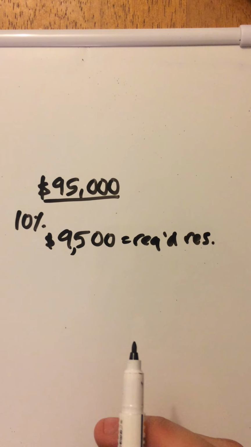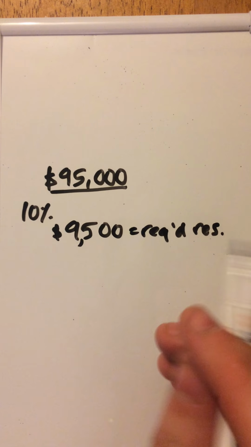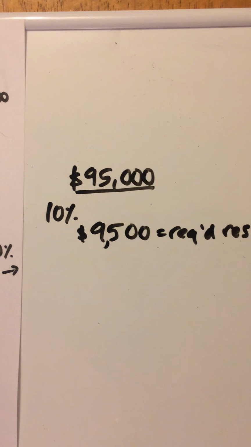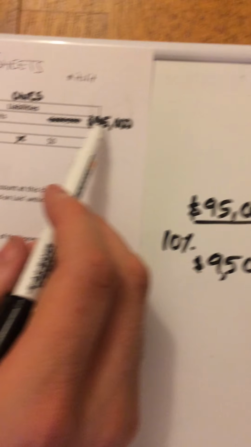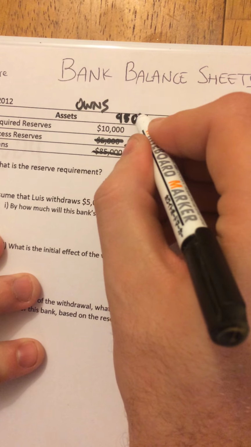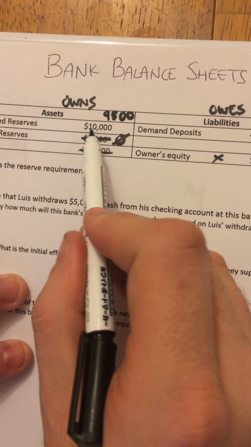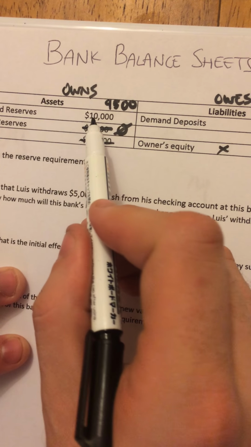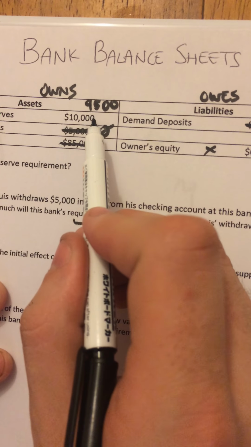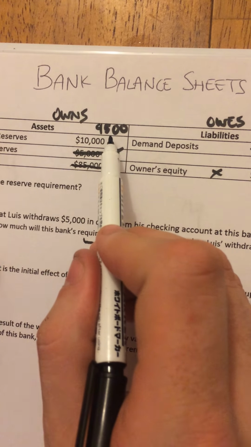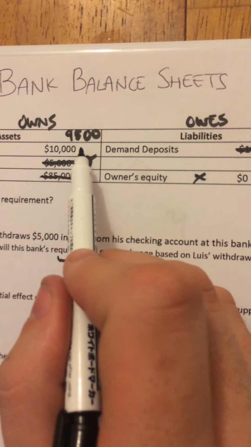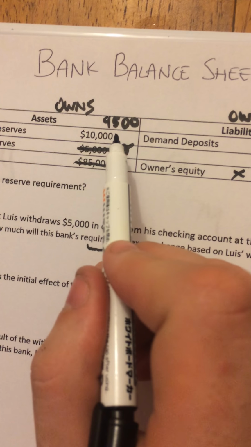However, the question asked about the new value of the excess. Well, if we go back over here to the chart, after the withdrawal, the bank only needs to keep $9,500, but they are holding on to the original $10,000. Banks want to make profit, so they realize, oh, cool, we only have to hold $9,500 now because that's 10% of what's in our demand deposits.